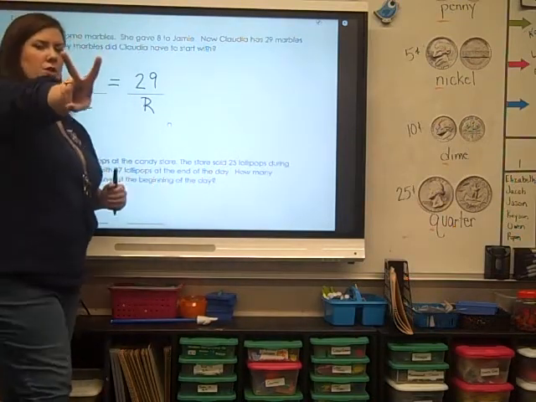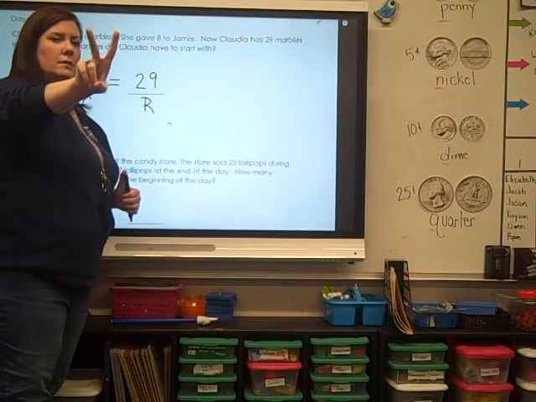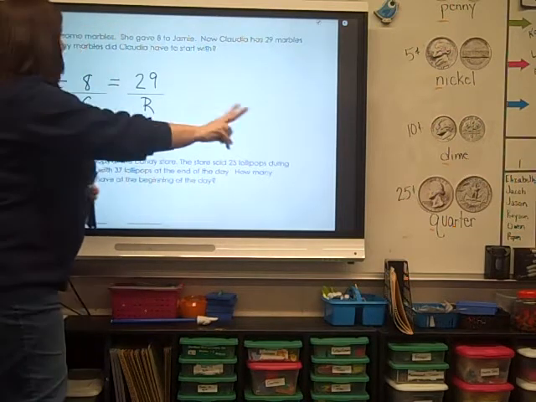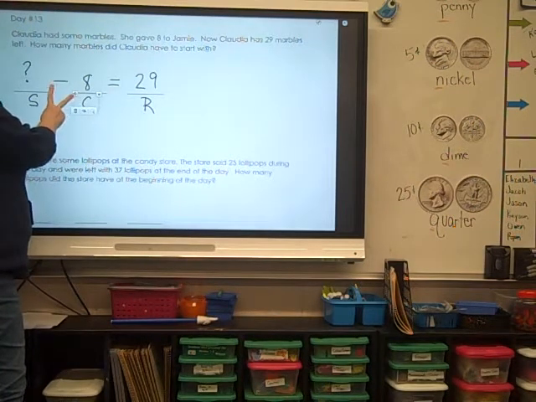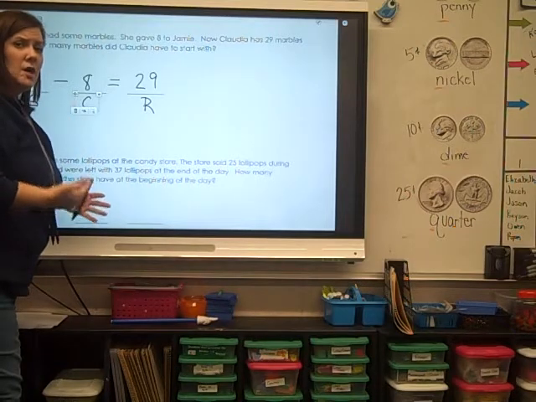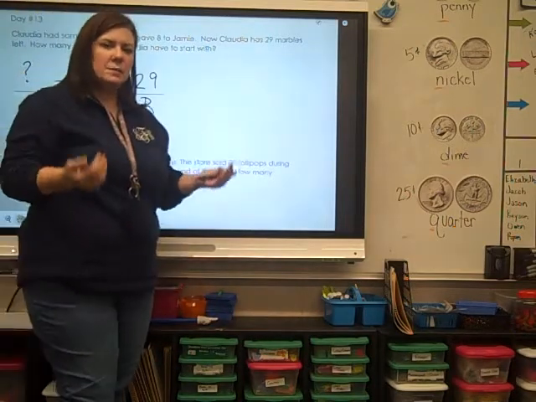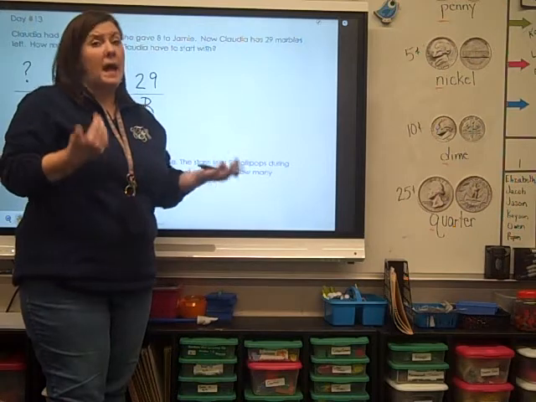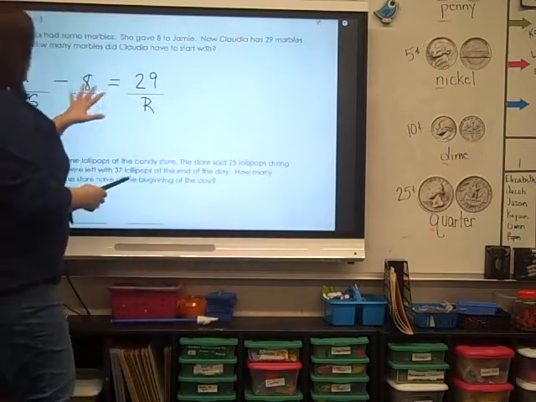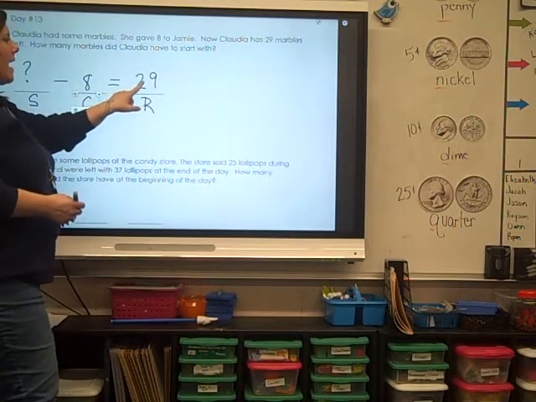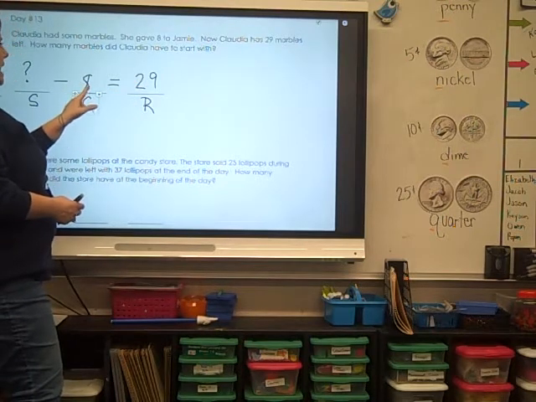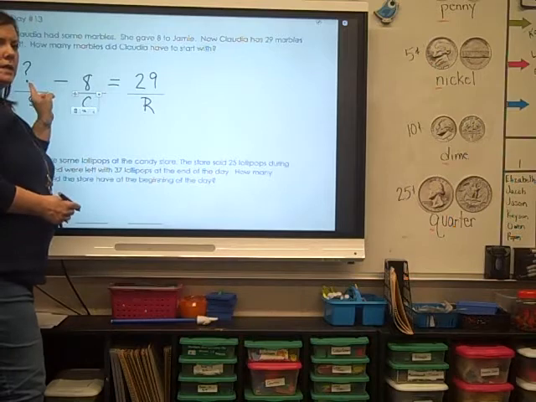Now let's do our 2-finger strategy. Put your fingers on both sides of the takeaway sign. Do I have a number on both sides? No, I don't. So I can't subtract. What's the opposite of subtract? Add. That's right. So I have to write an addition problem. So what I'm going to do, if I add 29 plus 8, that'll tell me what Claudia started with.